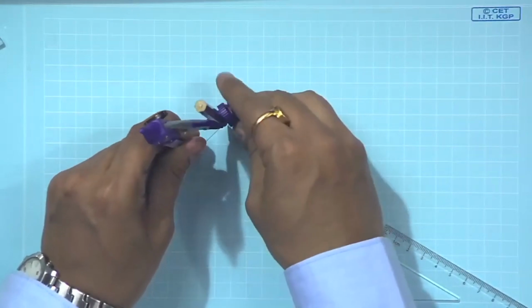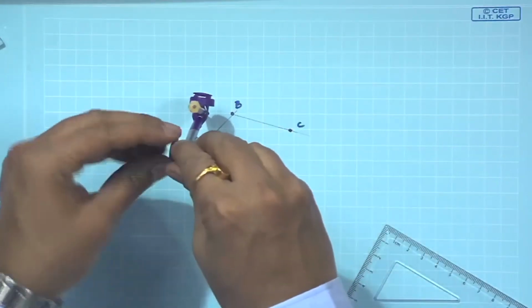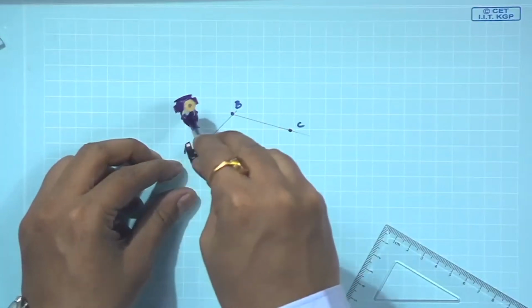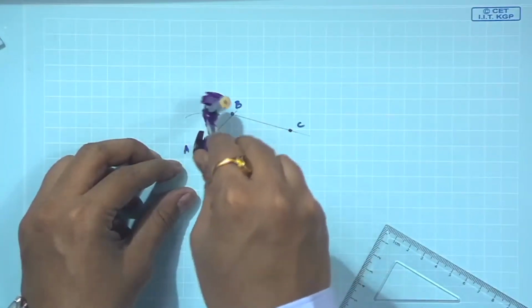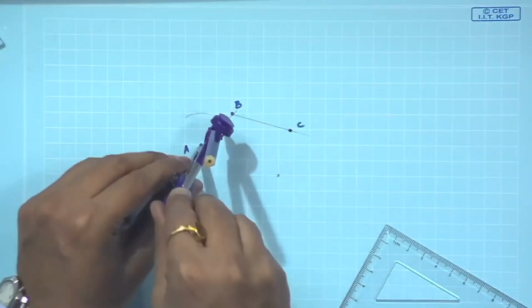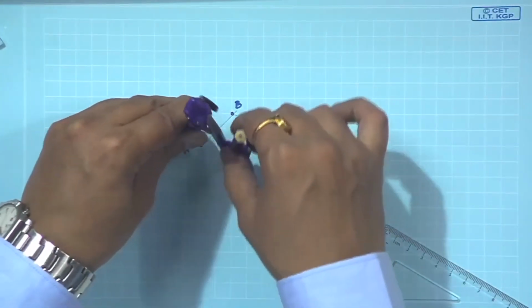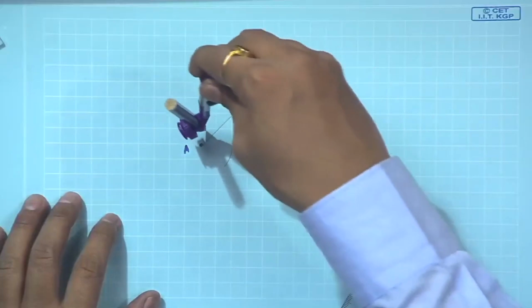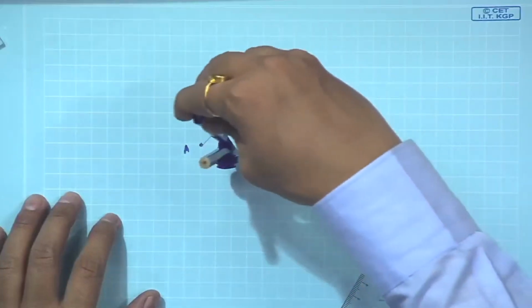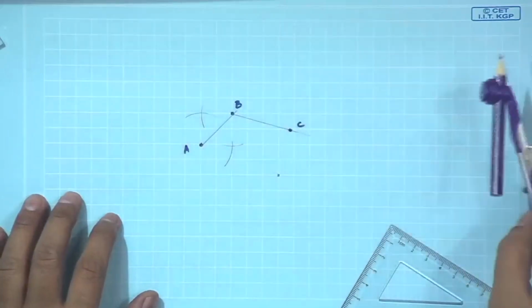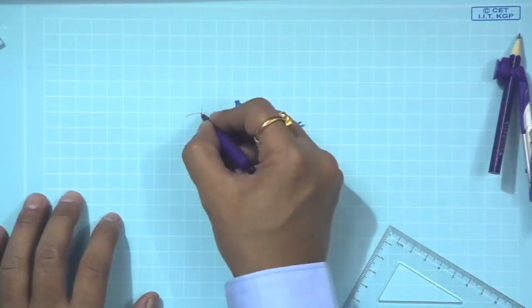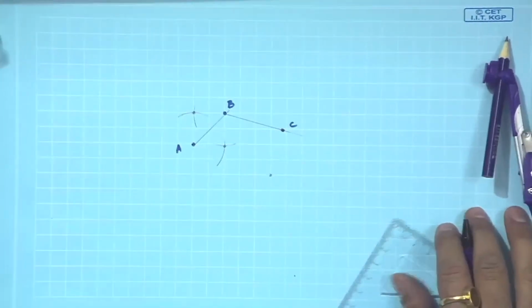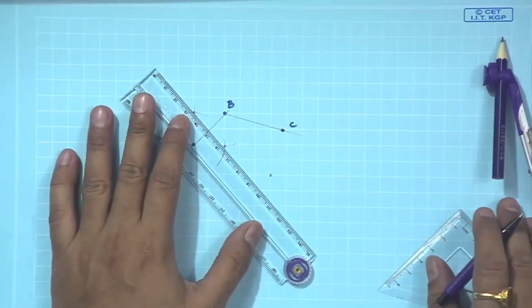Now, draw a perpendicular bisector from center A. Similarly, construct from B, identify the points and join these 2 points.